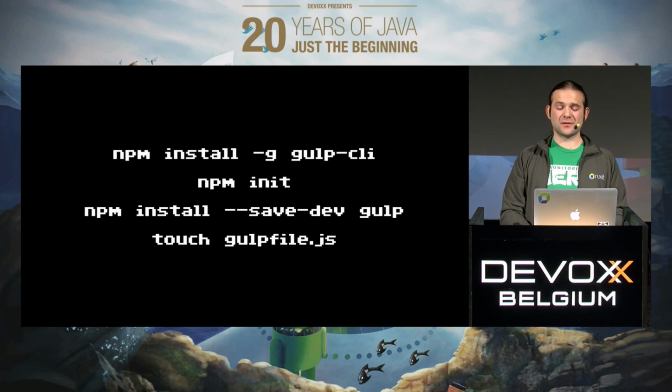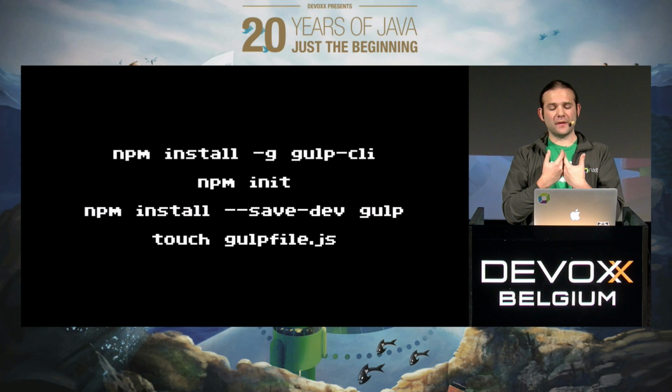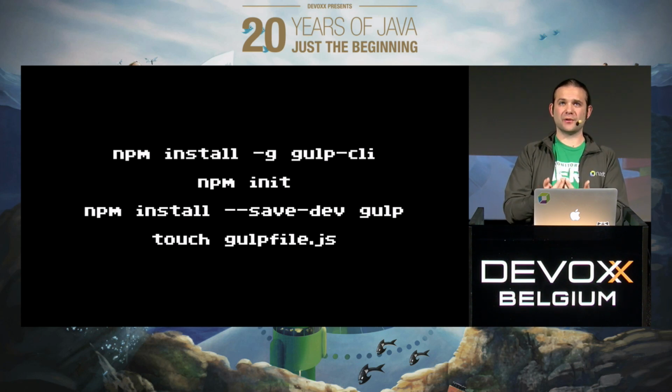These are the instructions to install Gulp. You can see here npm install -g gulp-cli. That's the globally installed Gulp CLI. It makes Gulp available everywhere you are. With npm init, you create a new node folder for your own files, and then you can install Gulp locally here. That's a very important concept.